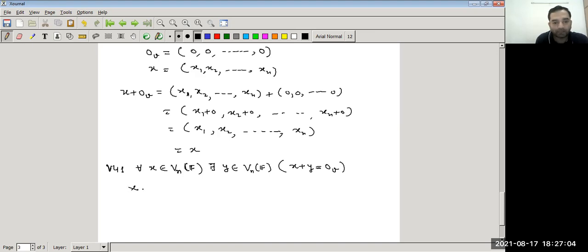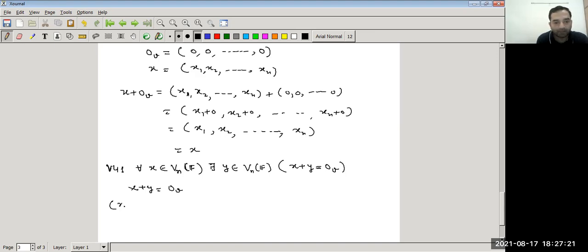Now x plus y, we have already defined how we can find. This is (x1 plus y1, x2 plus y2, ...), and this is equal to 0_V.